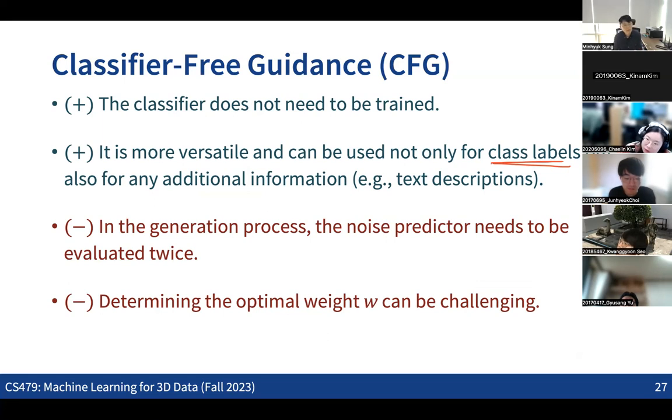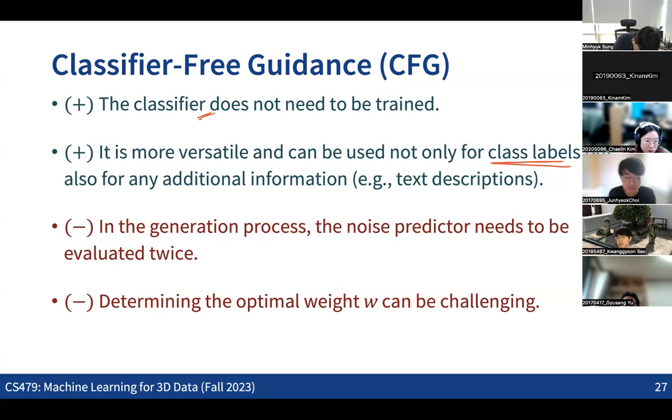For example, instead of class labels, we can put in a text description. So classifier-free guidance is a more general framework than classifier guidance. And also the good thing is that you don't need to train the classification network after you train the DDPM or DDIM models. So that's a good thing.